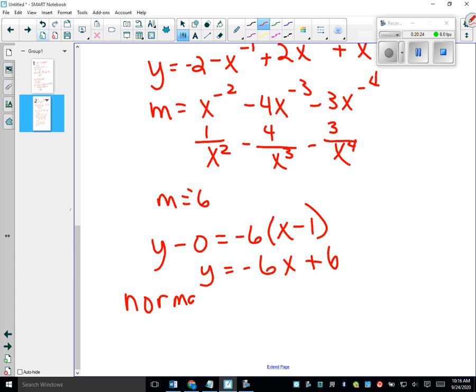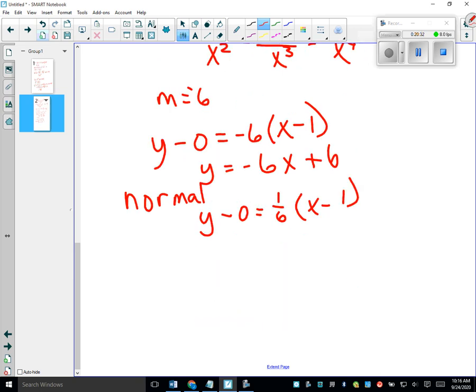Y minus 0 equals 1/6 times x minus 1. Nice. Right? So y equals 1/6 x minus 1/6. Are we good with that? Good.